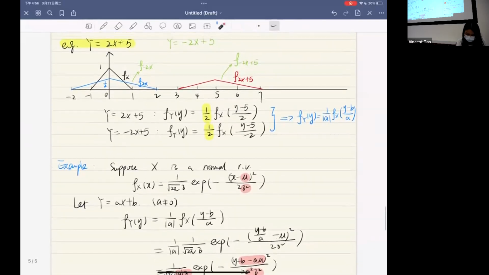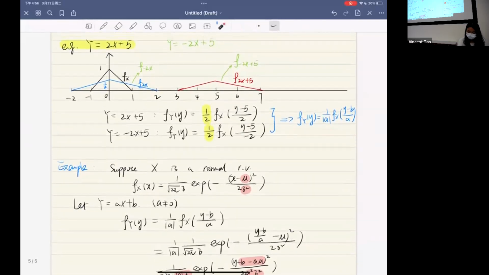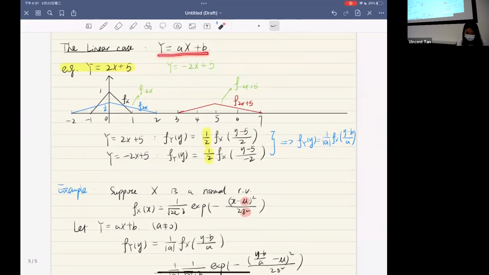This formula is just like a shortcut for calculating the PDF of y when y is a linear function of x. So when we encounter this kind of example, we can just use this formula to obtain the PDF of y.